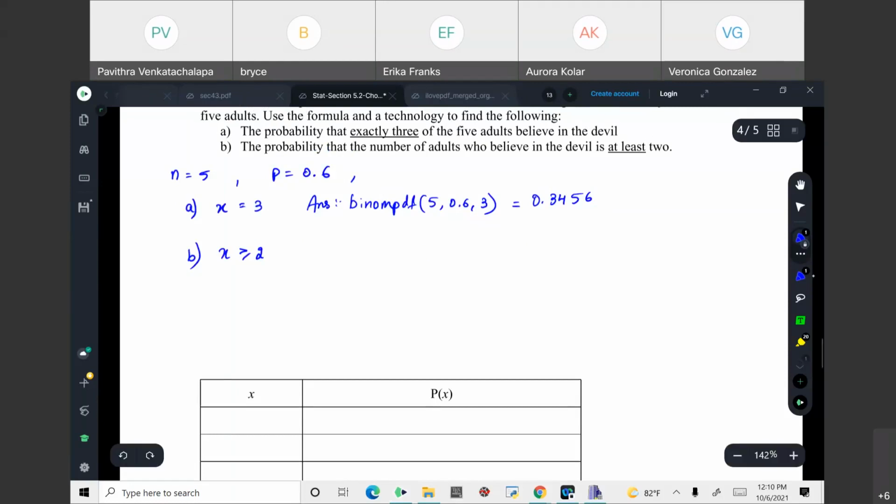So minimum is 2 and we need to check the probability of at least 2, meaning greater than or equal to 2, right? Does that make sense? So as this symbol says, we need to find a probability for x values which is greater than or equal to 2. Do you remember in your lab 5 you did find the probability of few African Americans, right? 2 or fewer than 2.